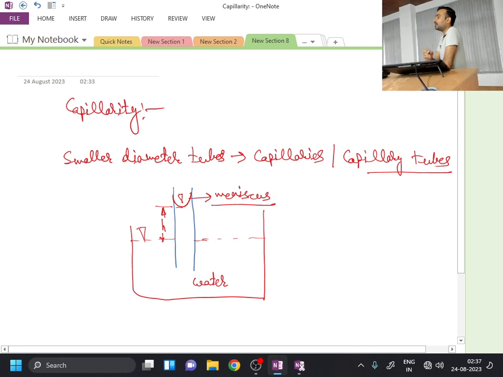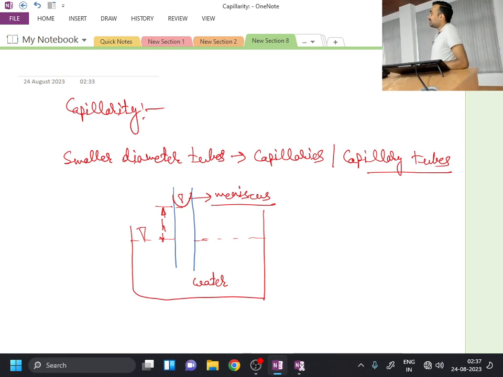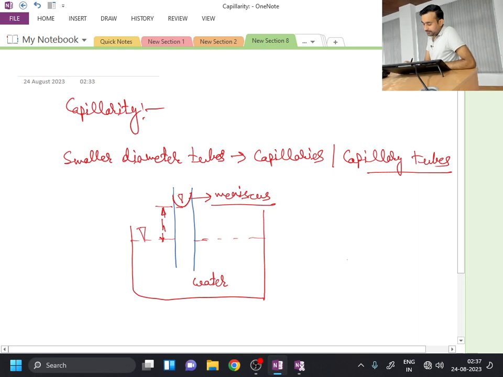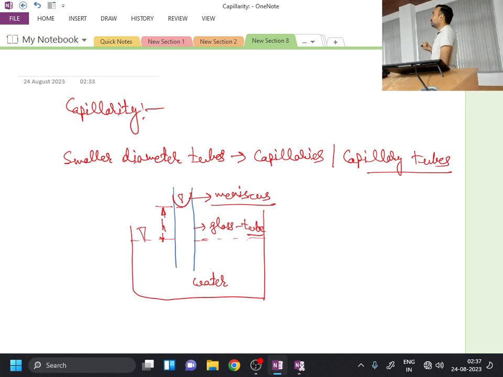So this type of curved free surface is called the meniscus. Okay, now what basically happens is that whenever I have a glass tube and water molecules, the adhesive forces between the glass molecules and the water molecules are significant in comparison to the cohesive forces between the water molecules.